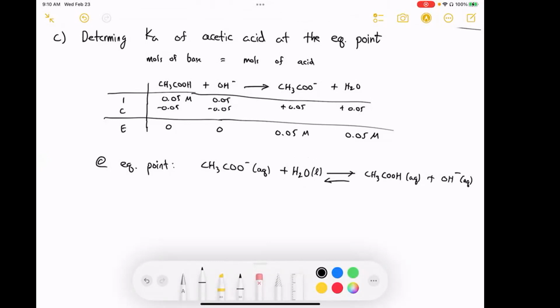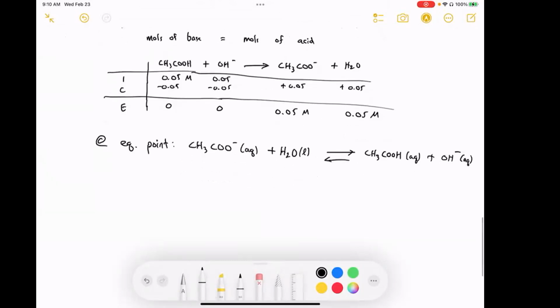All right. So now we have a situation where we have this base expression, the conjugate base of acetic acid, acetate, reacting with water to reform the acid plus hydroxide ion. So this is known as a Kb expression because it's using the base.